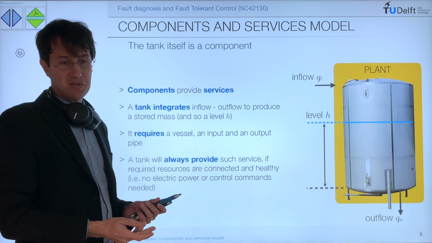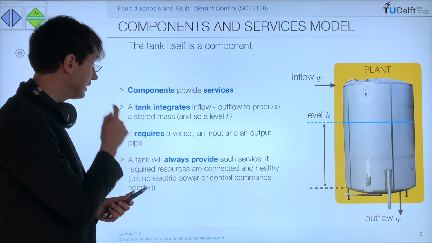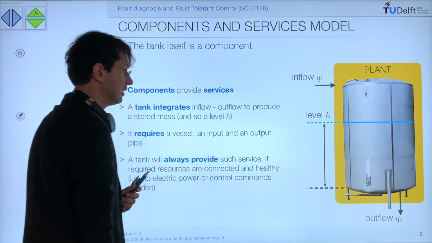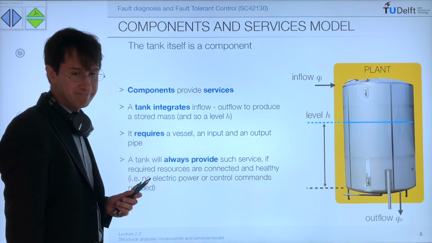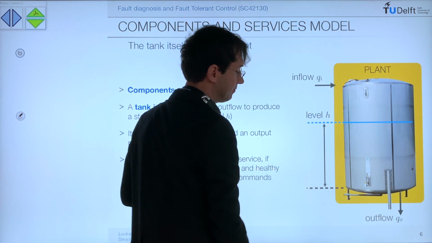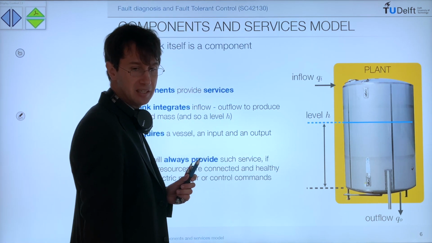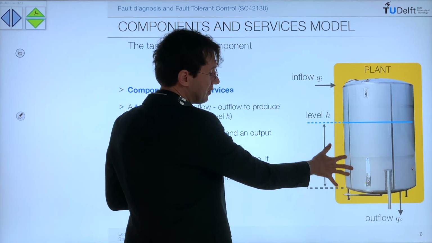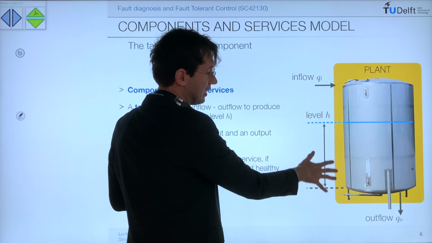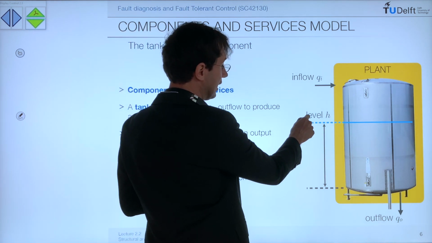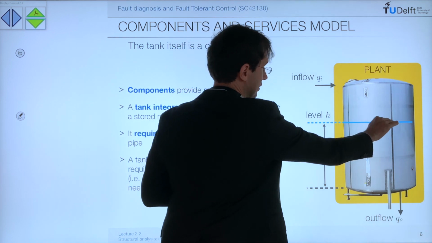And in the case of the tank system, the service provided by the tank component is to store liquid. So what it is doing is integrating an inflow of liquid minus an outflow of liquid to get an amount of liquid stored. And the final product is that we have some level of liquid stored in the tank.